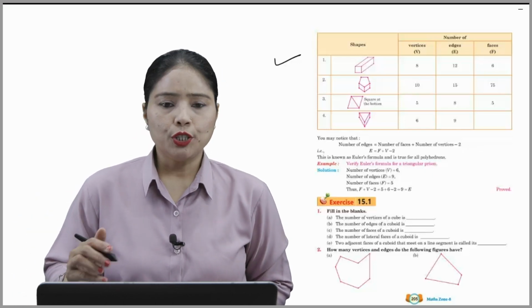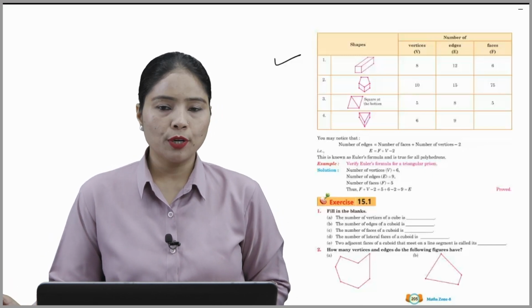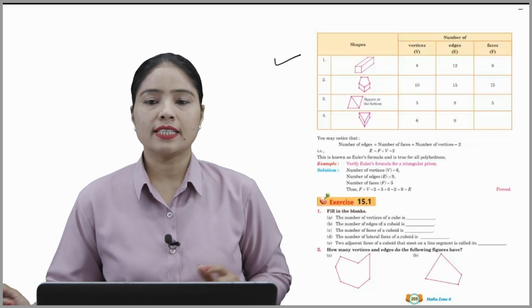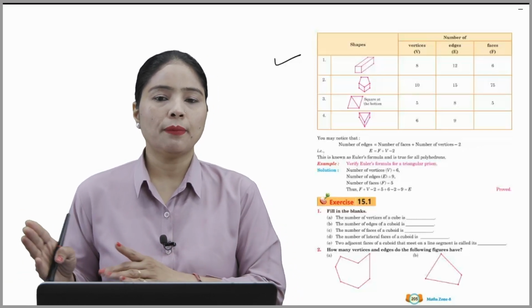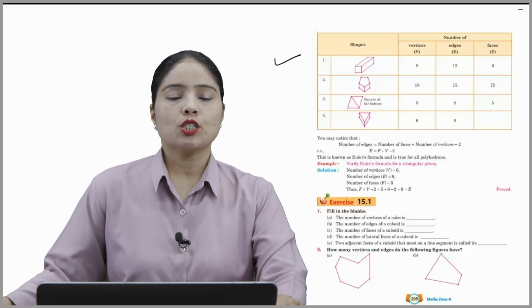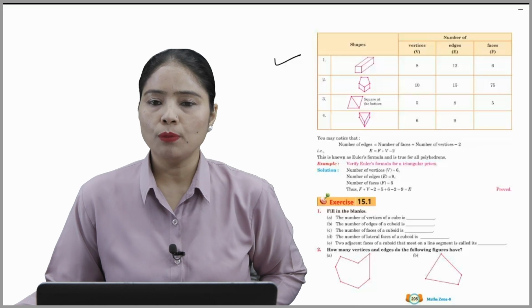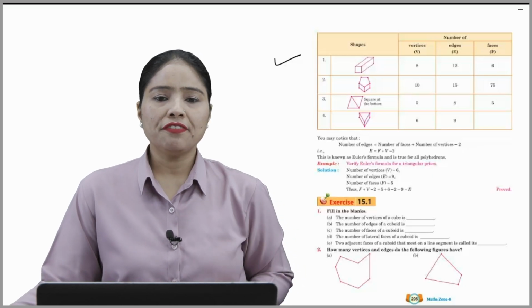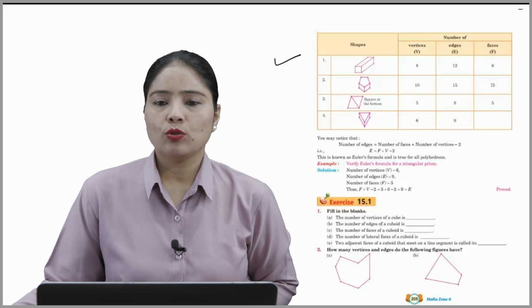Now you may notice that the number of edges is equal to the number of faces plus the number of vertices minus 2. That means E is equal to F plus V minus 2. This is known as Euler's formula and is true for all polyhedrons. So verifying Euler's formula for a triangular prism.